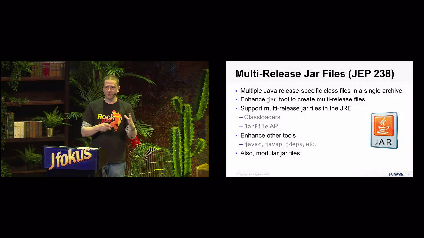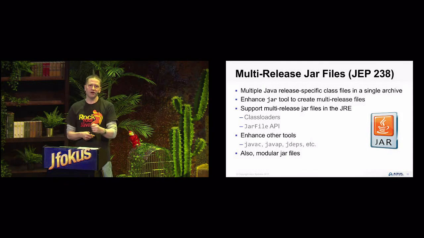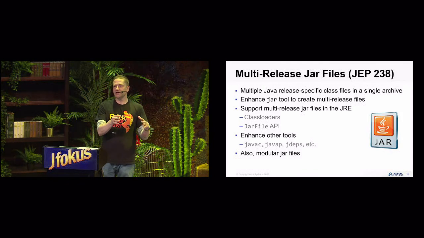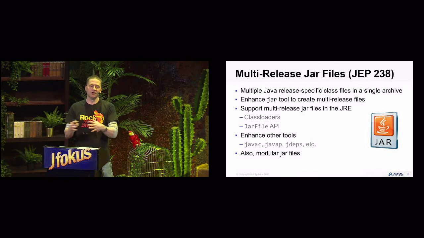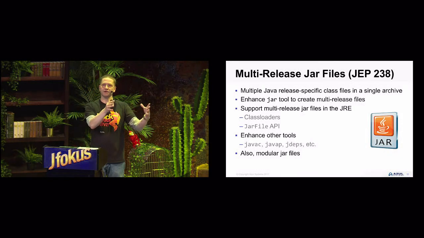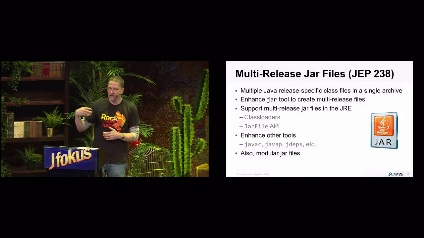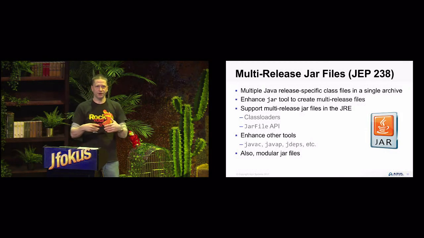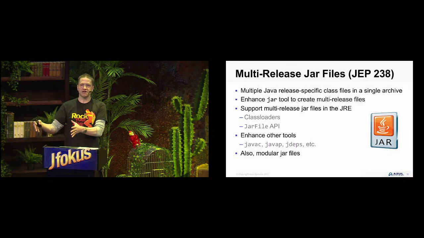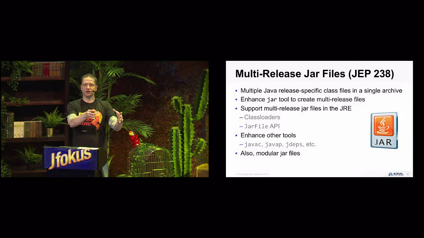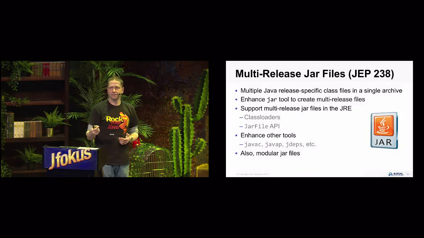backwardly compatible, which means that you can run a multi-release jar file on JDK 8. What JDK 8 will do is it will ignore the multi-release part of the jar file and simply use the files it finds at the top level of the jar file. If you run it on JDK 9, because JDK 9 understands the multi-release jar file, it will look in the appropriate subsection of the jar file, which means you can include a JDK 9 version and a JDK 8 version and have those run differently depending on which JDK you're running on.